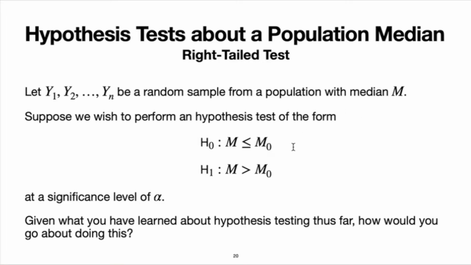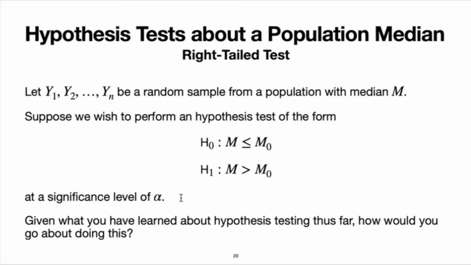So the null hypothesis is that the median of the population is less than or equal to some specified value, cap M sub 0, and the alternative is the logical complement of that, that the population median is greater than this hypothesized value. And suppose that we want to perform this test at a significance level of alpha.